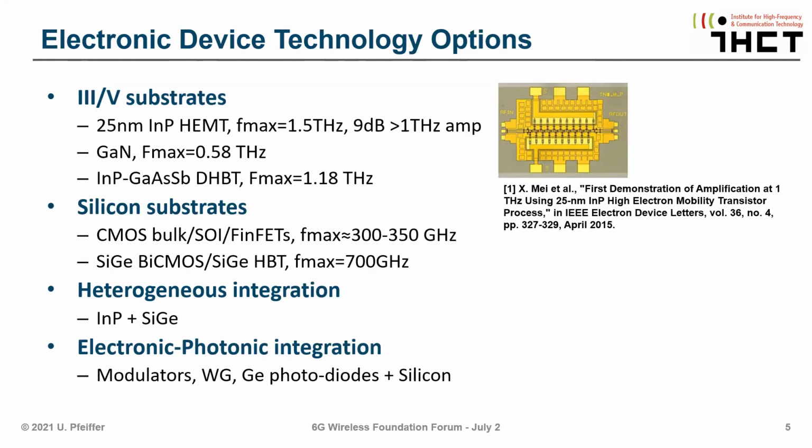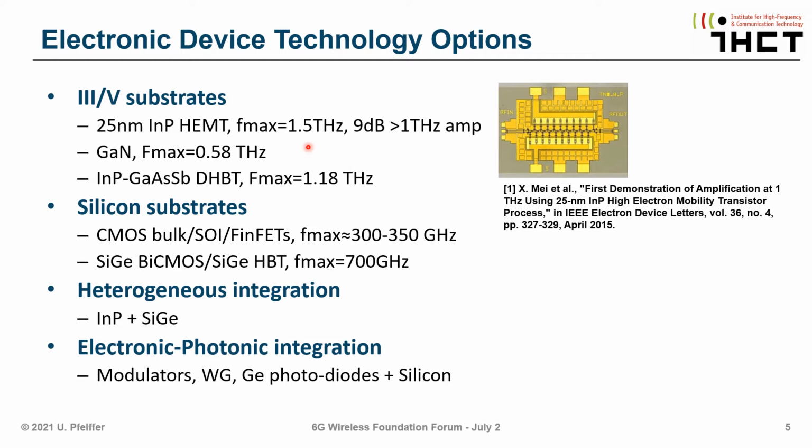Now, let's look into electronic device technology options that we can use for these frequencies. And of course, you remember that we have very fast and well-performing device technologies available. One pronounced technology here is indium phosphide HEMT, which has an Fmax, maximum frequency of oscillation, of 1.5 terahertz.